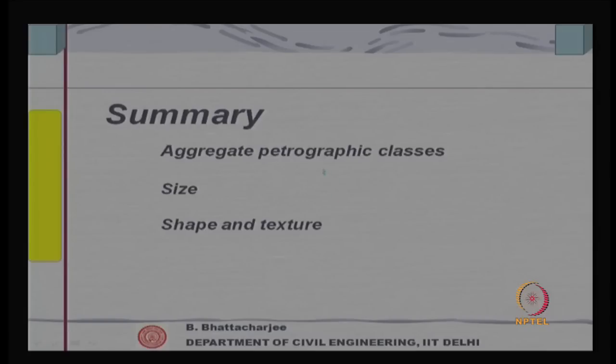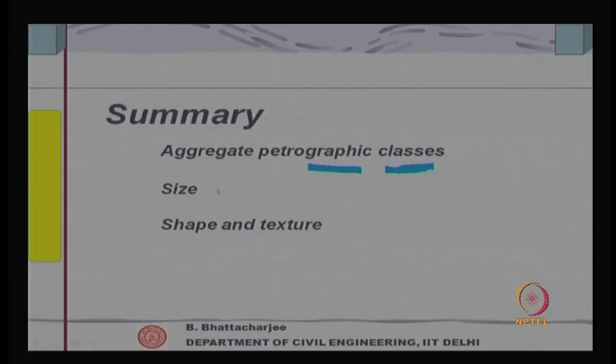So, to summarize everything today, we have looked into petrographic classes. We really did not go by any code or anything, but petrographic classes are essentially the classes based on mineralogical composition. Their importance lies in the fact that some of those aggregates may not be inert based on their mineralogical composition.